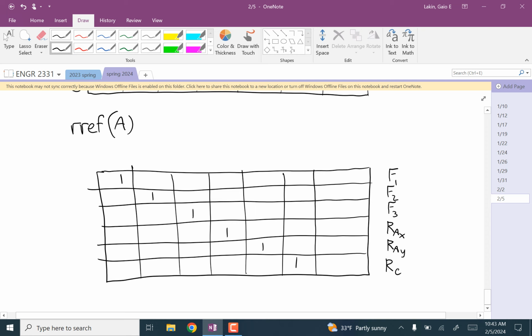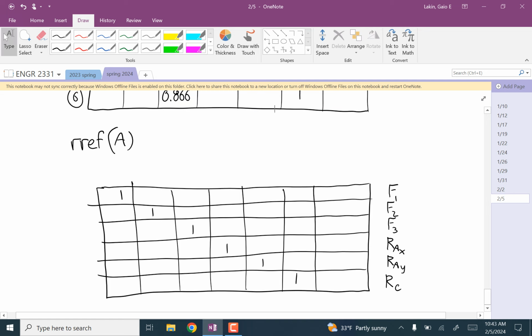Did anyone do this yet? Yeah. Okay. Someone read them to me and then let me know if you get different answers. Say them at once. 1, 2, 3. F1 was 1,000.